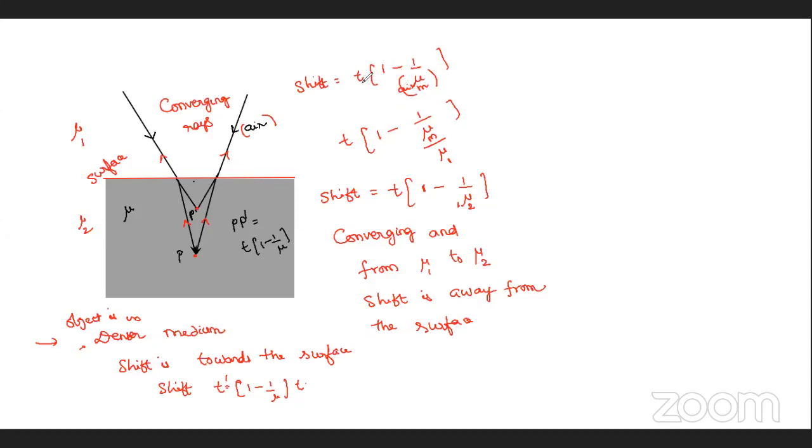Don't try to remember like T into 1 minus 1 by mu. Remember like mu of denser medium with respect to rarer medium. Will you remember like that, Nana? Yes, sir. Right. So I'm clearing everything here from this page. So in continuation of yesterday's concept, I'm writing here point 1.